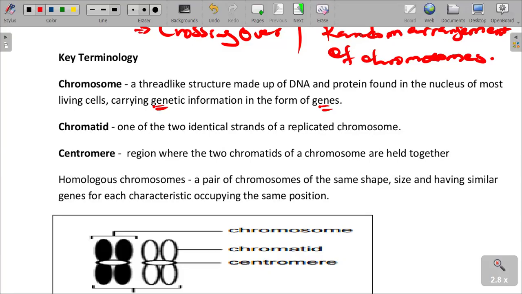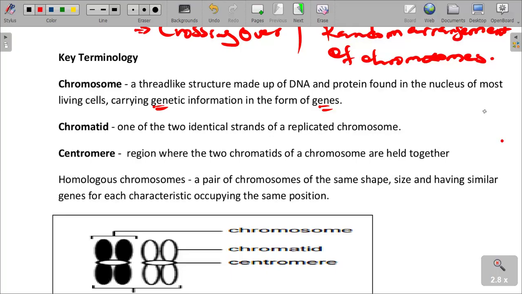The deoxyribonucleic acid is the one that carries the genetic information, the genes. Chromosomes enable succession of characteristics in a population or species. Let's take note of that. I don't want anyone to miss anything right now.